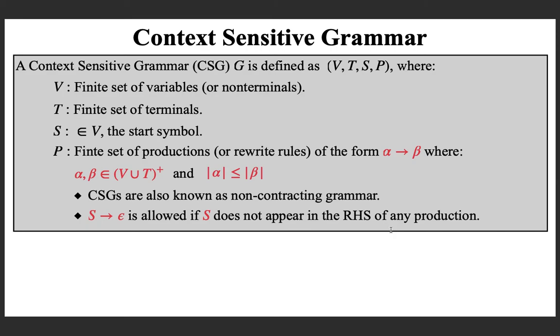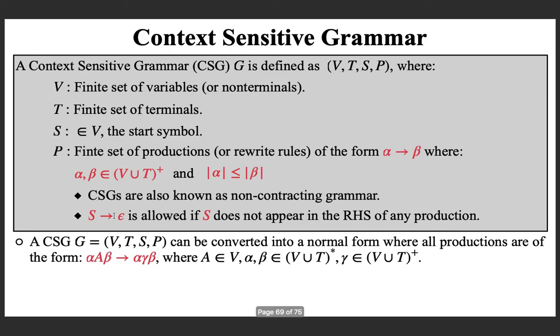You can utilize this in the previous grammar to rewrite it to generate the language a to the power n, b to the power n, c to the power n, where n is greater than or equal to 0. So that's the context sensitive grammar.